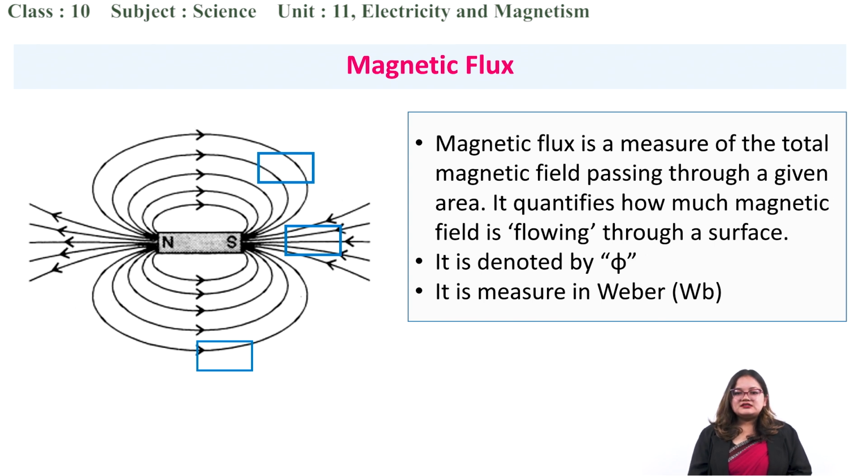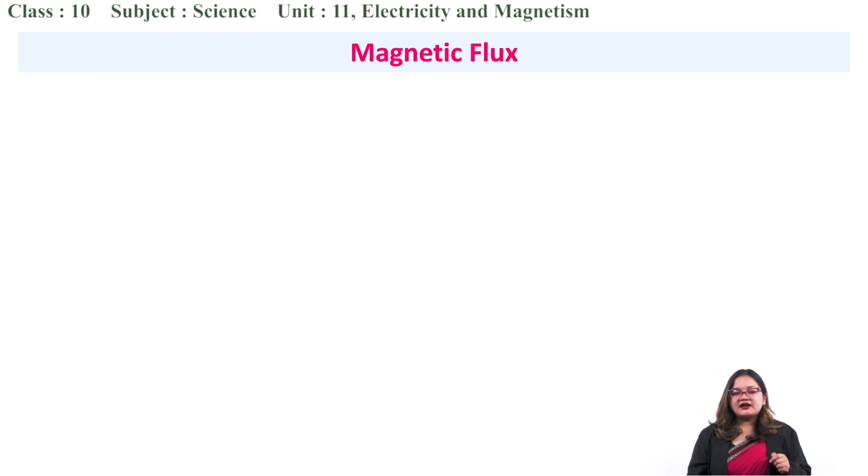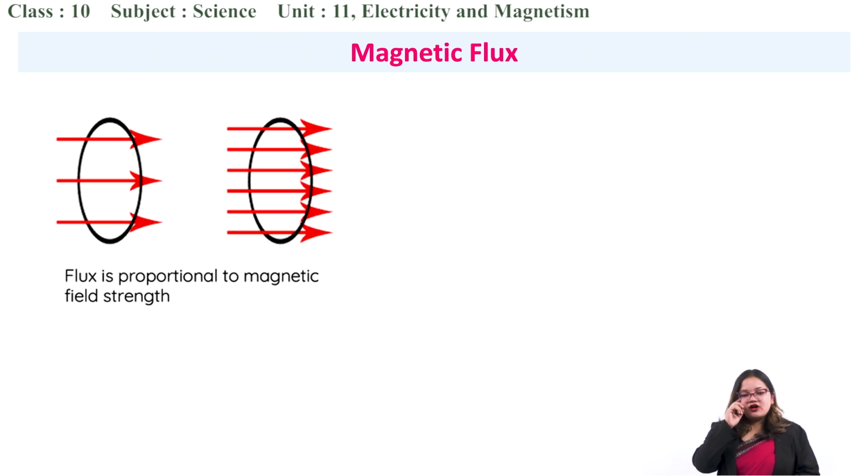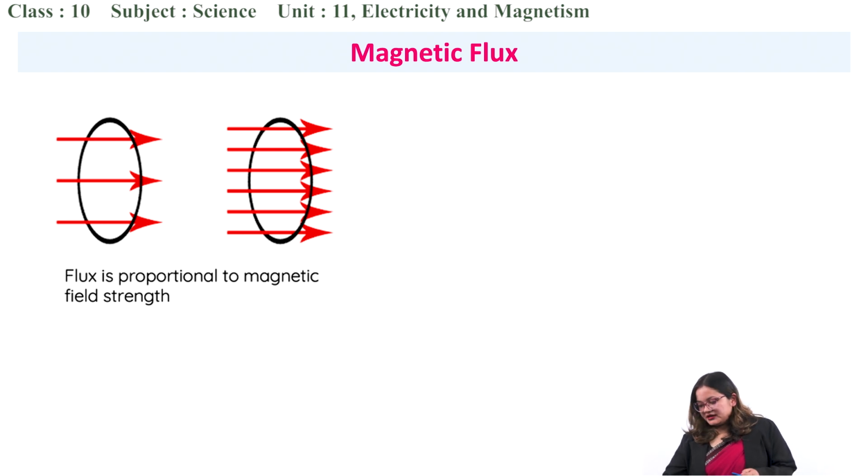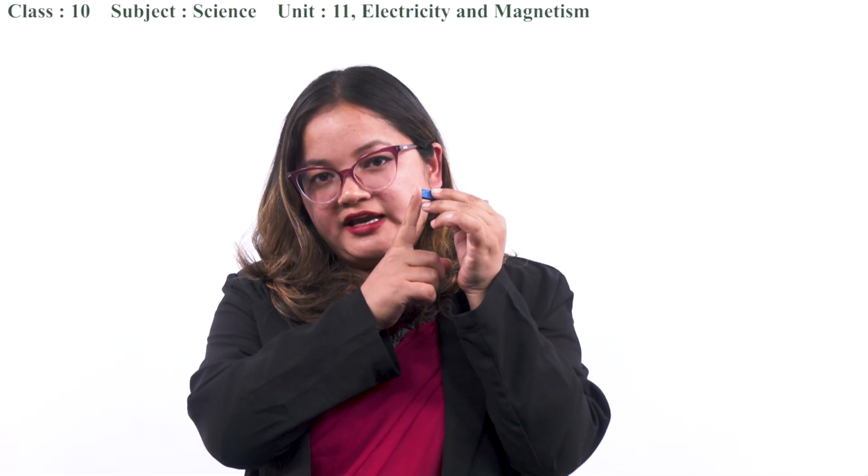Now, as we already know about the change in magnetic flux depending on where the objects are placed, let's see on what conditions this magnetic flux depends. Firstly, flux is proportional to magnetic field strength. As I already told you, the magnetic field lines are quite high near the magnet.